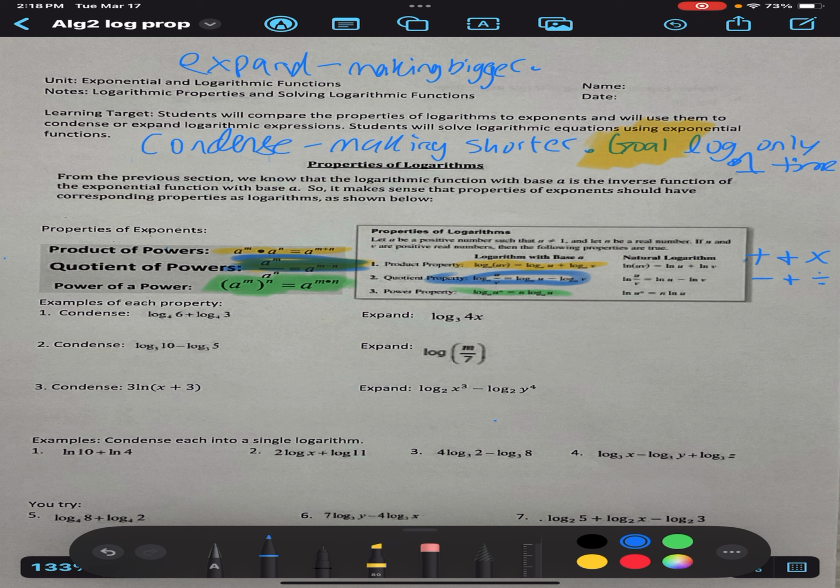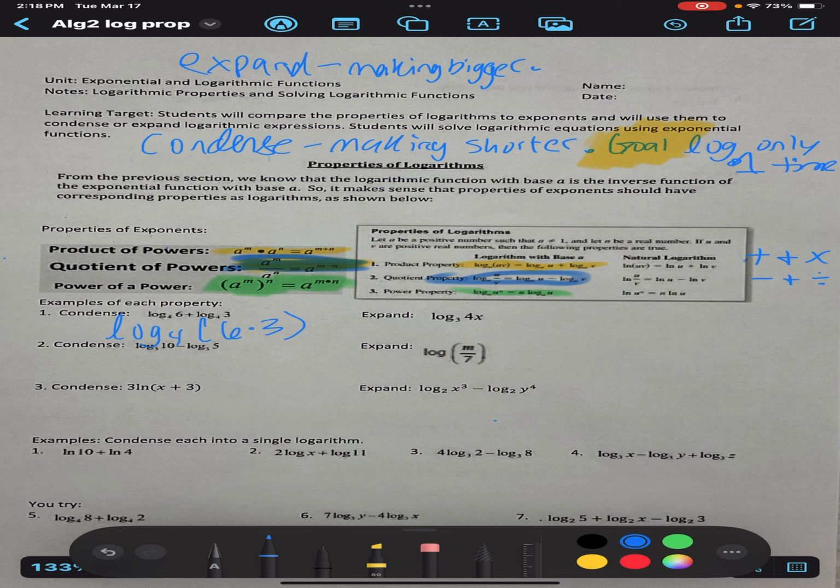So the answer will be log base 4, and then, what does plus go with? Plus goes with multiplication. So it's going to be 6 times 3. If you want to say log base 4 of 18, that's fine, or you can just leave it as 6 times 3.